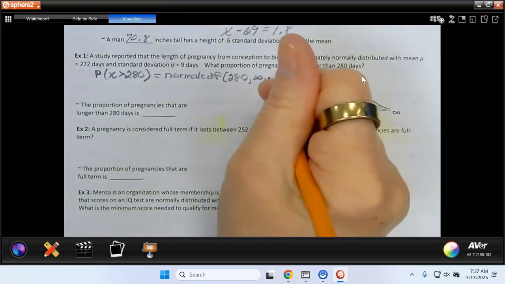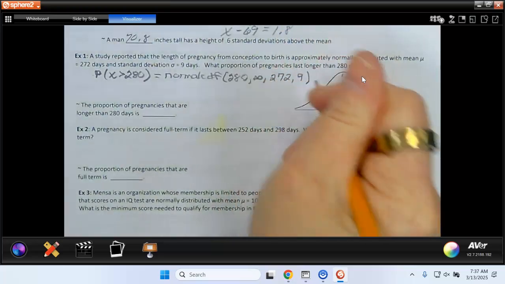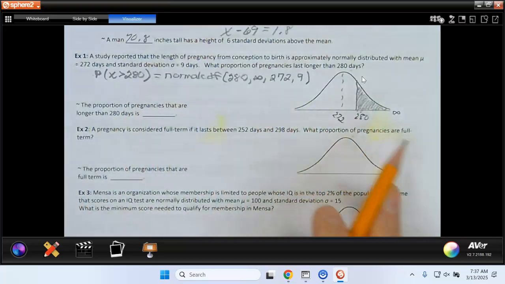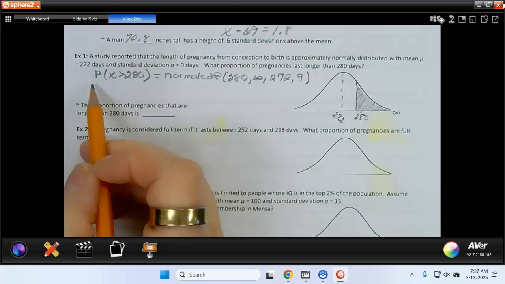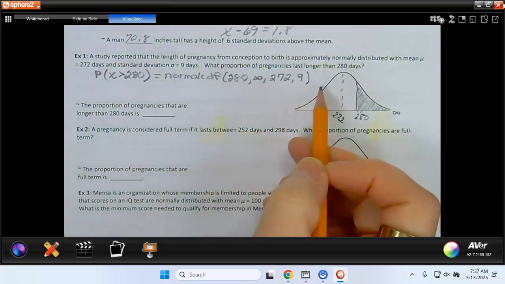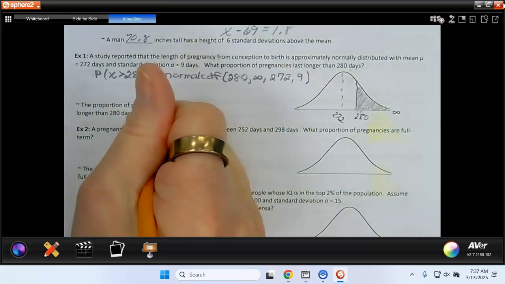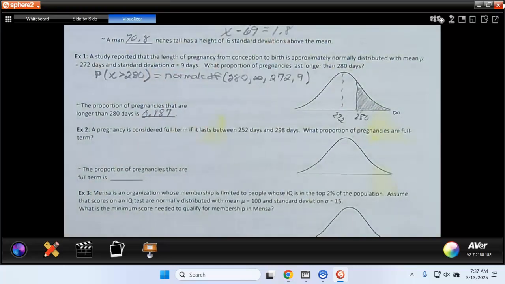The mean is 272, and the standard deviation is 9. But that is what I'm going to be looking for when you do these types of problems: that you have the bell curve figured completely worked out, that you state the probability and what it looked like in the calculator, and then you just plug it in. Is that what you guys got? 0.187.